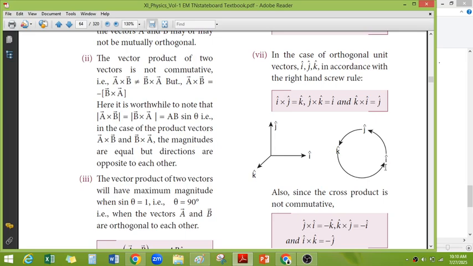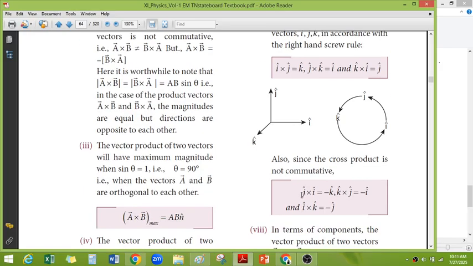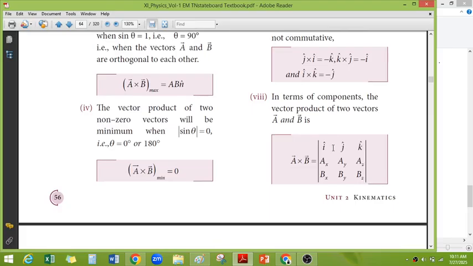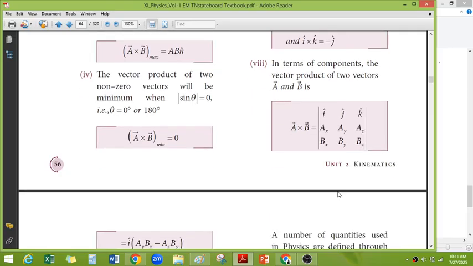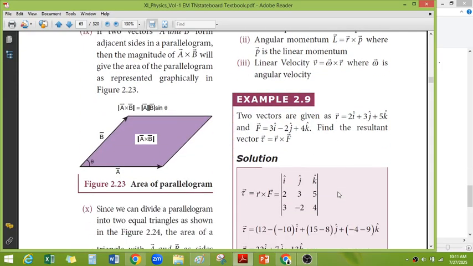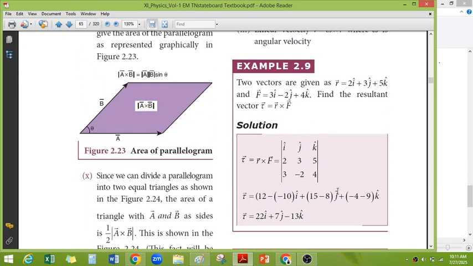If I do i cross k, then I will get minus j. So if you go in the opposite direction, you will get minus. That is what is shown here. j cross i means you will get minus k. Then this is your determinant. So go through these things. You can try some examples.